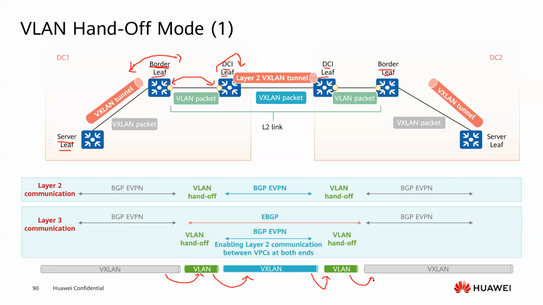But maybe I can ask a question: can it meet level 3 communications? It can, but it's complicated. It is not simple. For the two border leaves, we just need to define a VLAN, and this VLAN is specific to the two border leaves, and the two border leaves will build BGP EVPN peers just to exchange the routes.